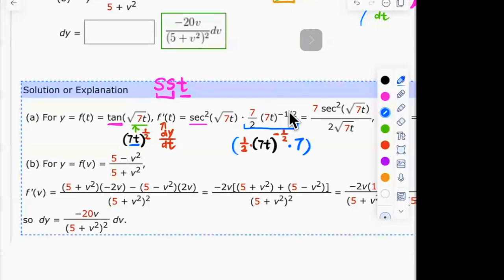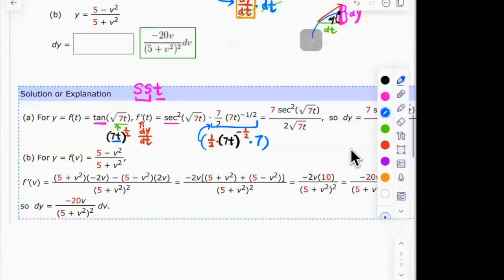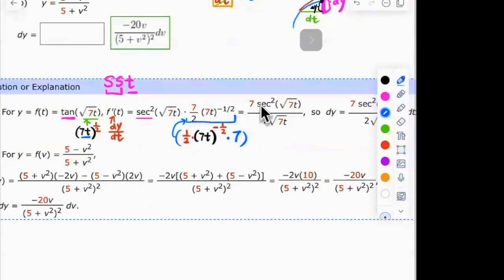Now you simplify. You put 7 over 2, and then secant squared on top. Since this is to the negative 1/2 power, the square root of 7t will be in the denominator.